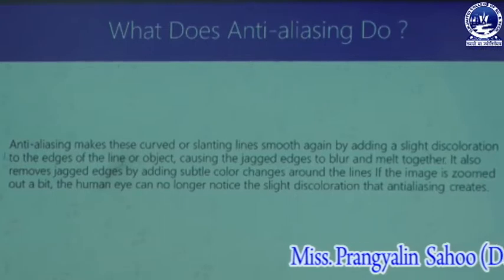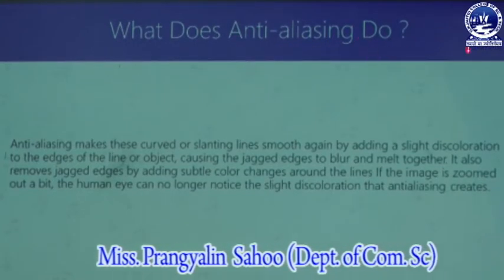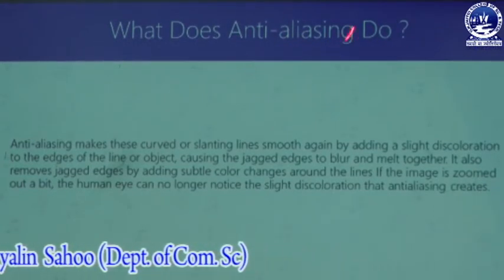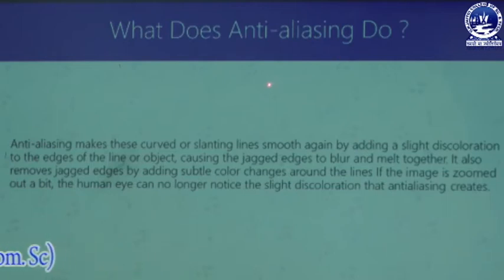The next concept is what anti-aliasing does. That means when we apply anti-aliasing, how does it perform its function to create smooth, realistic images? Here anti-aliasing makes these curves and slanting lines smooth again by adding slight discolorations to the edges of the lines or objects, causing these jagged edges to blur and melt together.